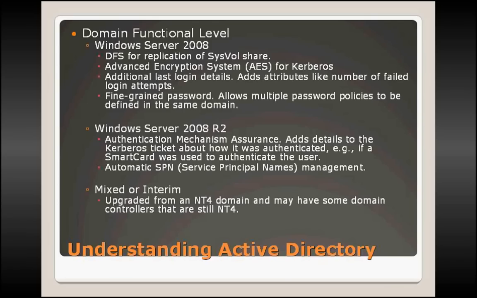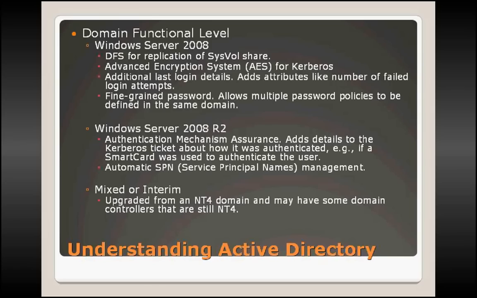So when it comes to Windows Server 2008 R2, you have authentication mechanism assurance. What do you mean by that? Whenever a user is authenticated, it adds more details, like the user was authenticated using a smart card, for example, or using a biometric device or anything like that.